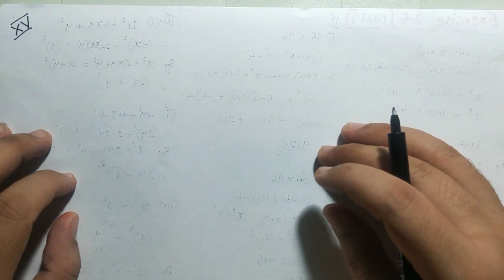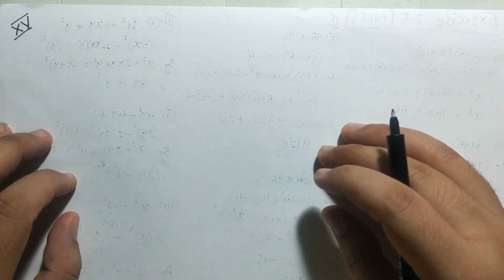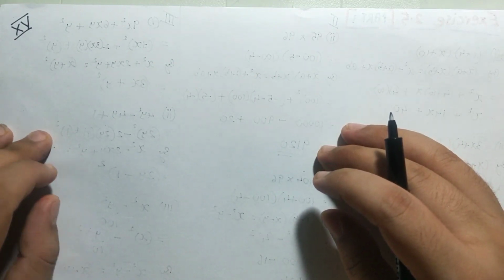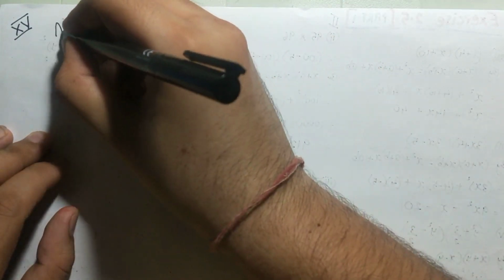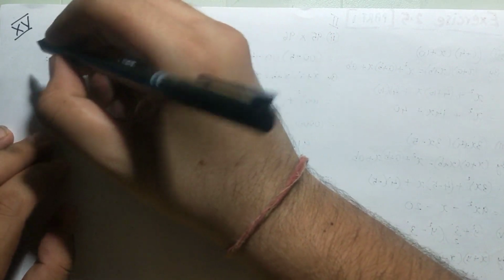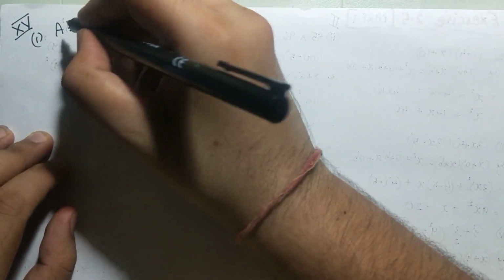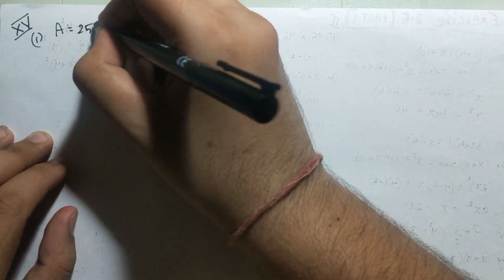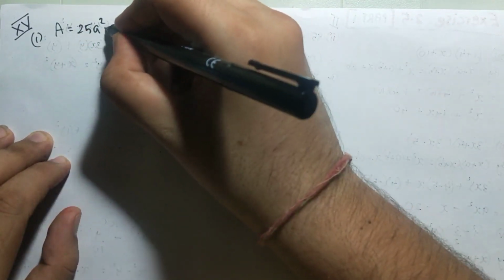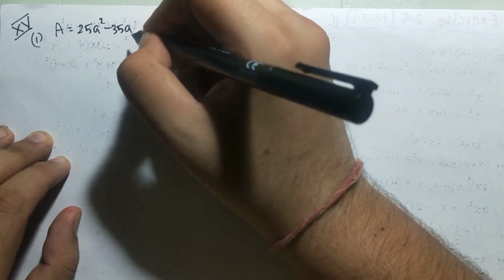Give possible expressions for the length and breadth of each of the following rectangles in which the areas are given. The area is given to us in the form of, this is first question, in the form of polynomial, quadratic polynomial, that is 25a square minus 35a plus 12.